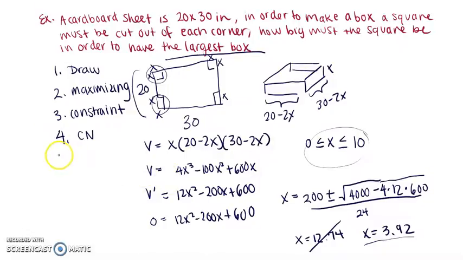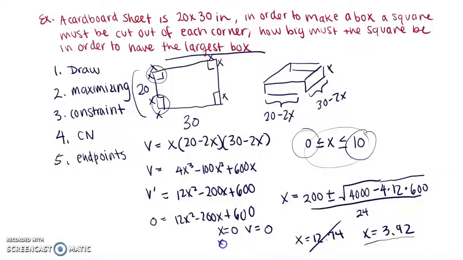Now, our final step here is to test our endpoints. Because when we're finding an absolute maximum or minimum on an interval, it can be one of the endpoints. And so we have to test the endpoints, and here in our interval, we're already given our endpoints. So if x equals 0, then our volume here has to be 0.